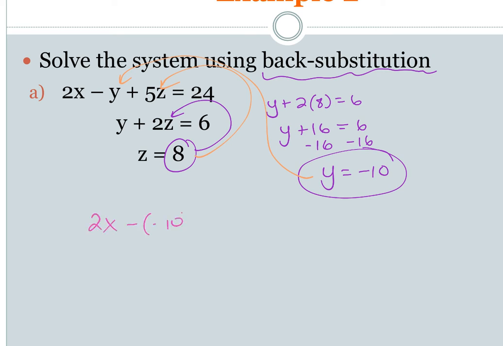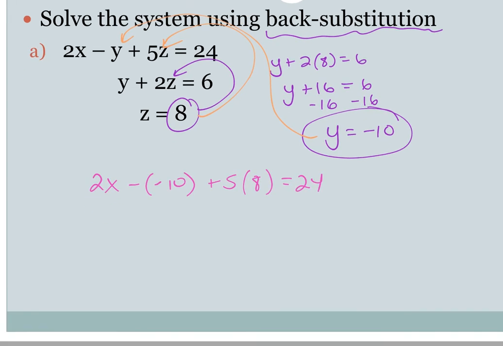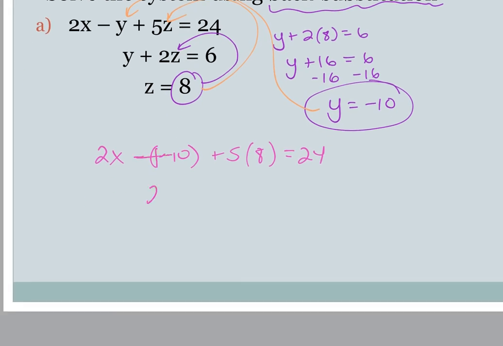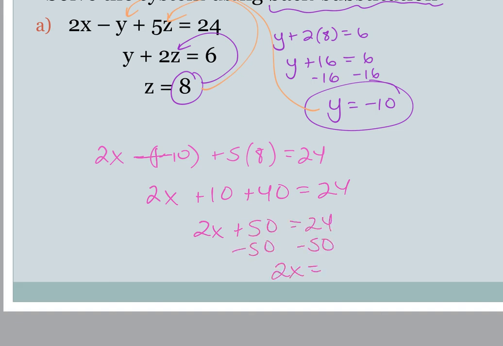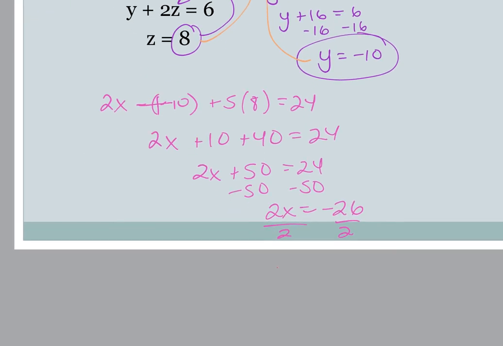X minus a negative 10 plus 5 times 8 equals 24. This becomes plus 2x plus 10 plus 40 equals 24. 2x plus 50 equals 24. Subtract the 50. 2x equals negative 26. Divide by 2. And x is negative 13.